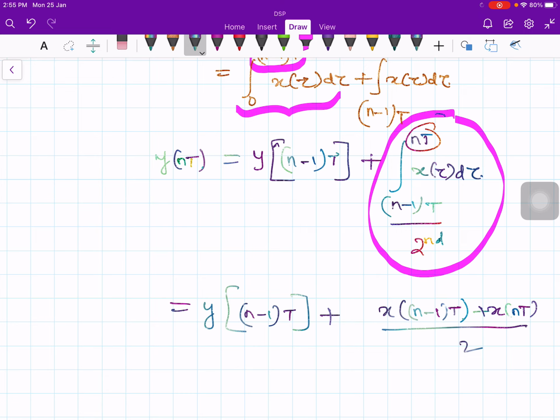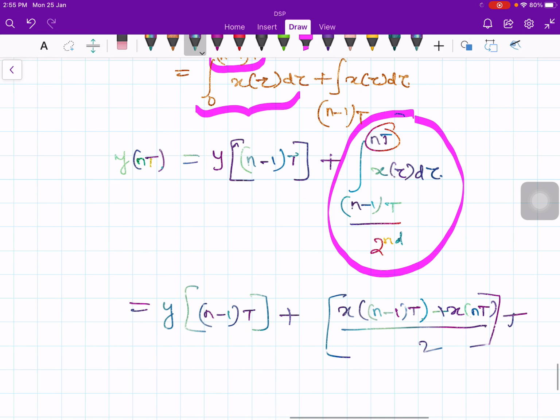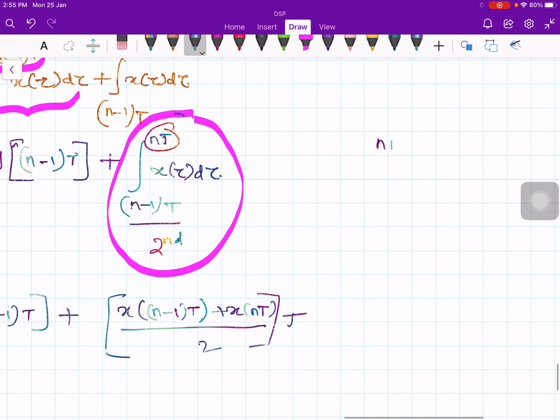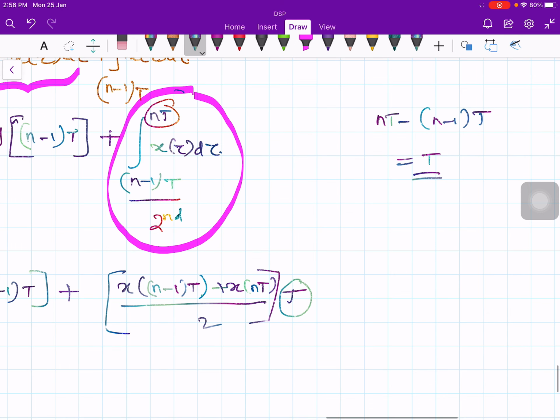This is the average. After taking the average, you multiply by its length. What is the length? The length is nT minus (n minus 1) times T. Therefore, this is T. That is why I am multiplying by T here. So the interval is capital T. This is how integration is carried out by a digital computer.